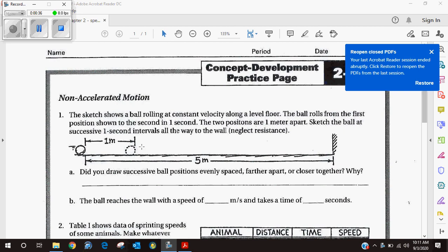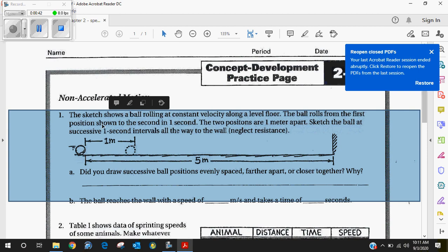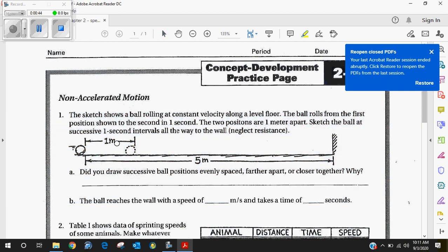Basically it's asking you, is the distance going to change from 1 second to the next? Every 1 second they want you to sketch the ball.